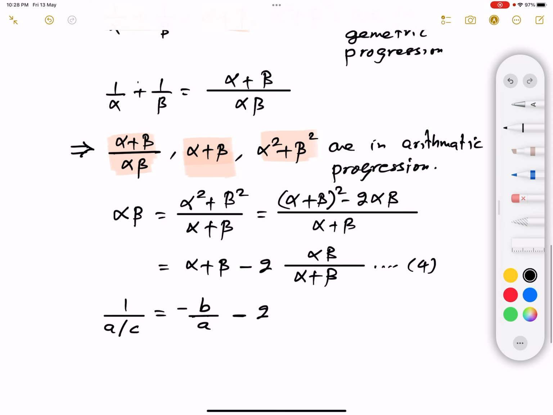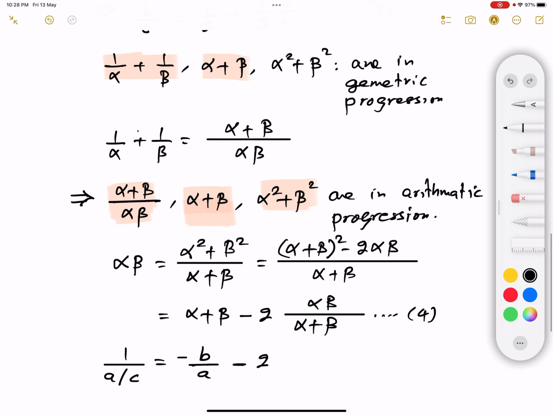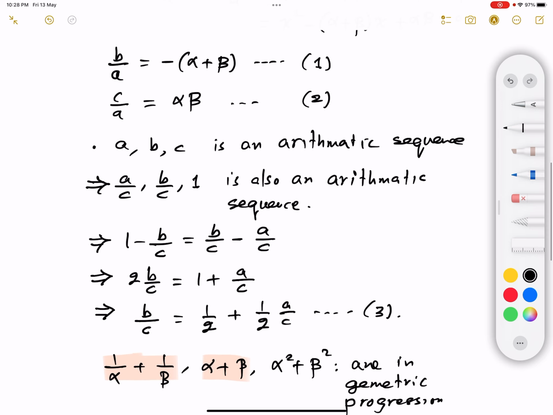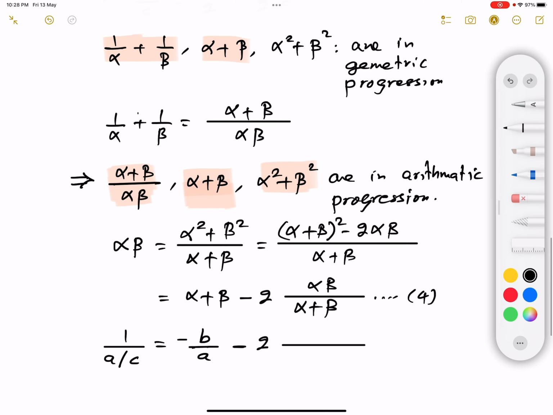how can we write that? Okay, alpha beta, we can go back to equation number 2 and substitute C over A instead of alpha beta.